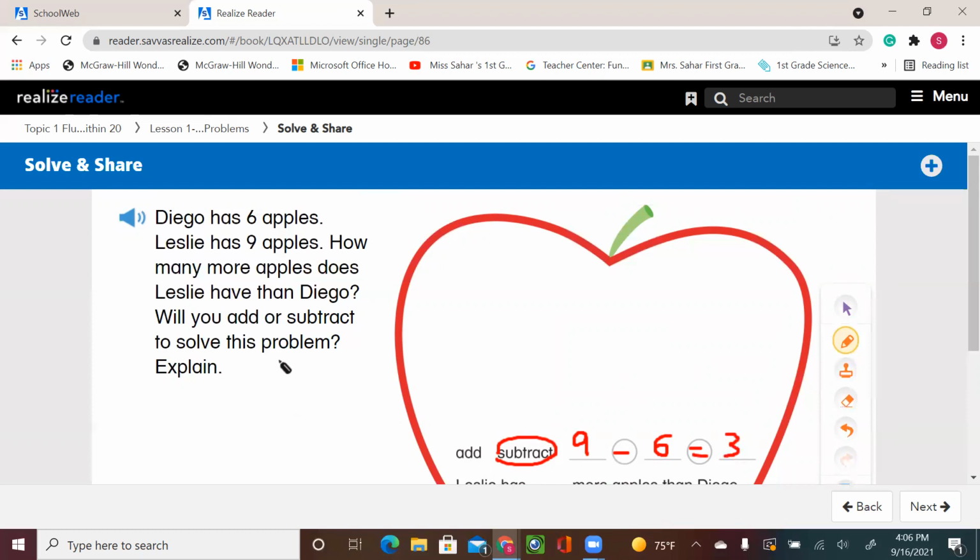So if I want to do a drawing, this is how I'm gonna do it. I'm gonna say Diego, starting with D, and I'm gonna draw 6 apples. 1, 2, 3, 4, 5, 6. And then I have Leslie.